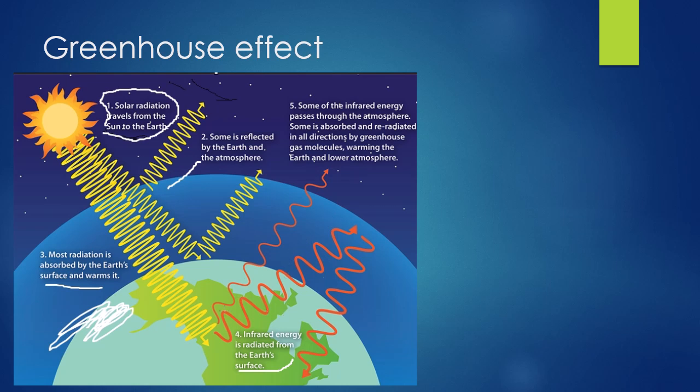And infrared energy passes up through the atmosphere, but some of it is absorbed and re-irradiated by greenhouse gases. So greenhouse gases trap some of the infrared radiation in our atmosphere. And this is, by the way, not a bad thing. Without the greenhouse effect, our planet would be way cooler, and it would be quite hard to live in many places here.